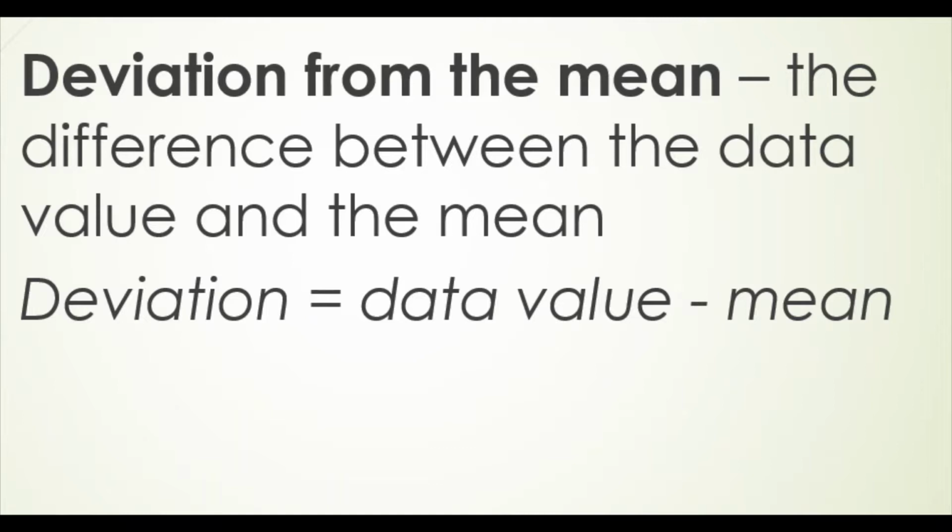So the standard deviation is essentially the typical distance that each of the data values is from the mean. So the first step is to calculate the difference between each of the data values and the mean. And that's called the deviation from the mean for that data value.